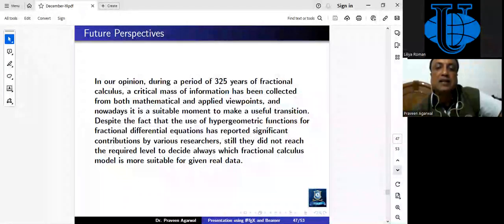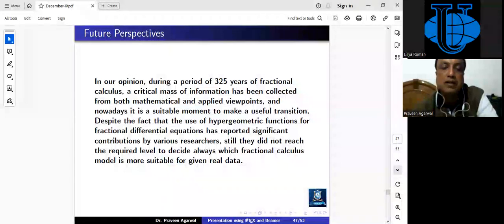Despite the fact that the use of hypergeometric functions for fractional differential equations has reported significant contributions by various researchers, they still did not reach the required level to decide always which fractional calculus model is more suitable for given real data.